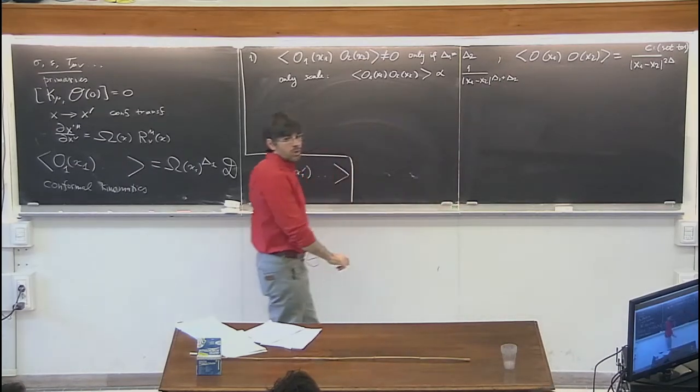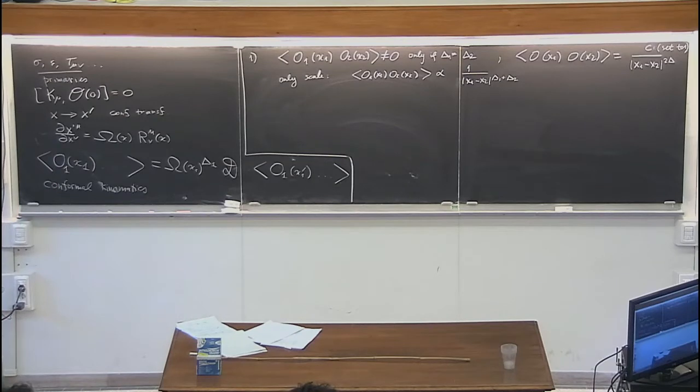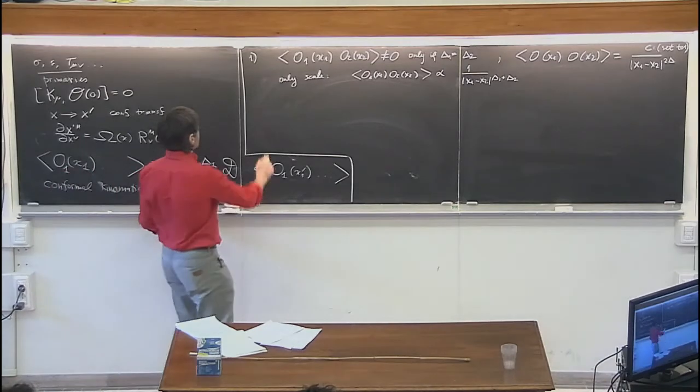So scale invariance by itself would not forbid such a correlation function, yet conformal invariance forbids it. So this is not trivial already.